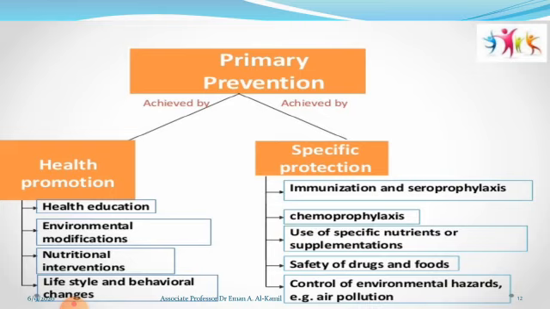Environmental modification: it is important to provide safe water supply and proper sewage disposal, and this is mainly by governmental procedures or policies to prevent the bad effects of polluted water.